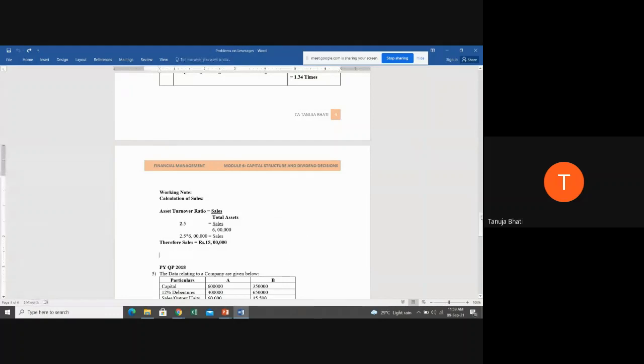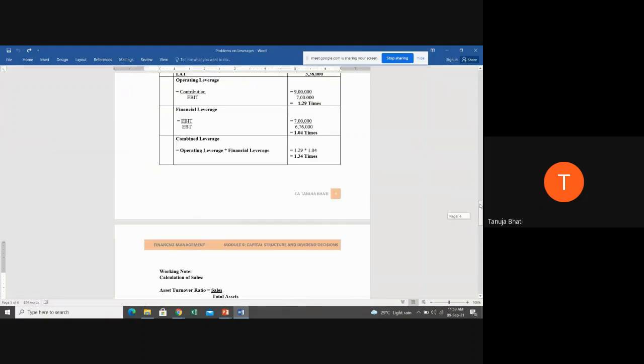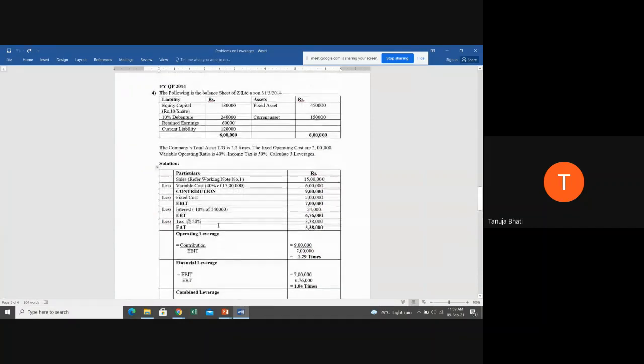So once we got the sales, the first element to solve the leverages, we can start with the solution. So sales, we have derived this sales figure from working note number 1, that is 15 lakh. Less variable cost is given as 40%. And I told you variable cost is always related to your sales.